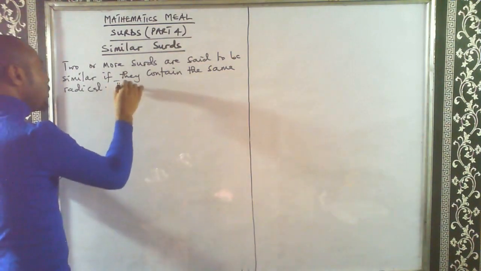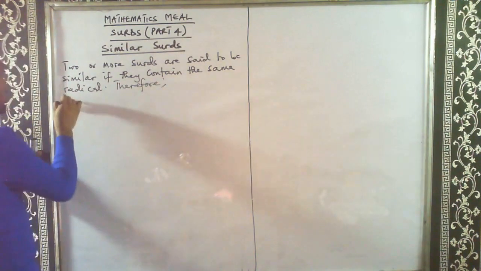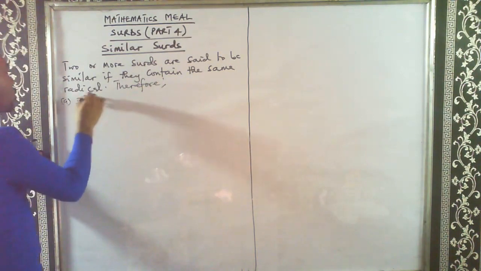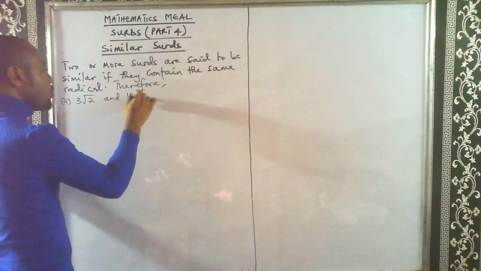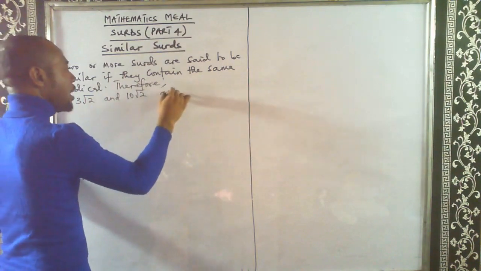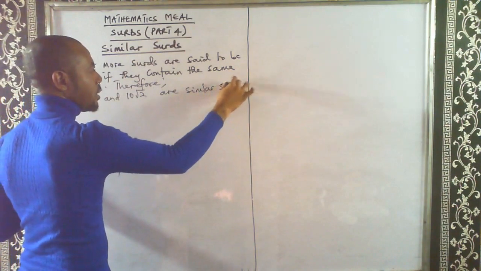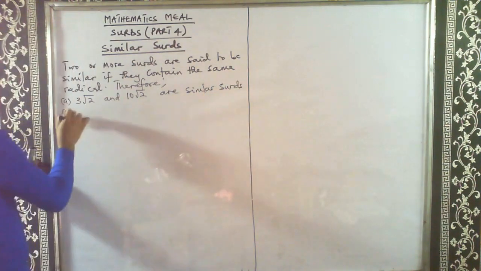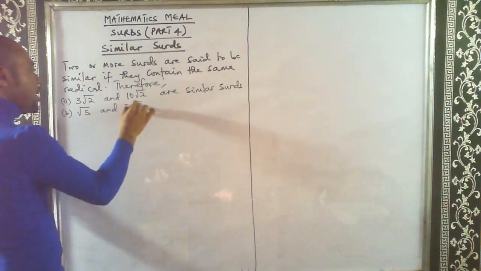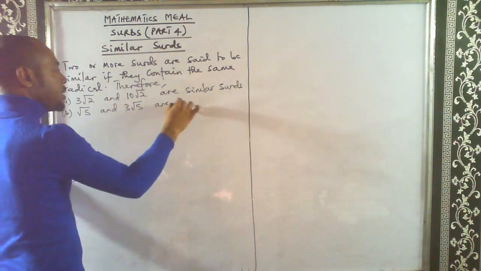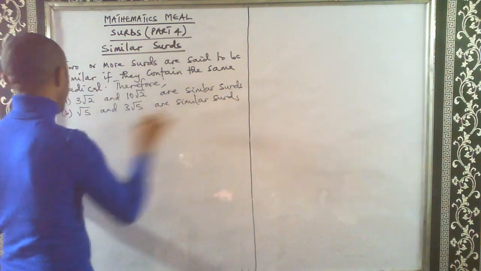Therefore, based on that, 3 root 2 and 10 root 2 are similar. Root 5 and 3 root 5 are similar surds.